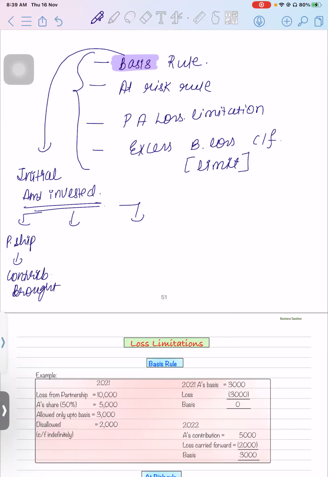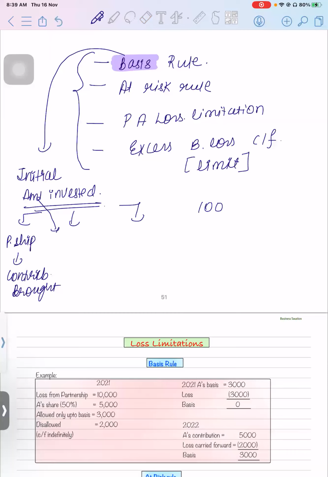It can happen that each year you are earning a profit, or each year you are contributing more and more amount, or let's say you have taken some distributions. So you are going to make some addition or deletion for contributions, for profits. You will add that much amount in your initial basis. And then you will reduce some losses if you are incurring or if you have withdrawn some amount. Right? It's a kind of capital account, I can say that.